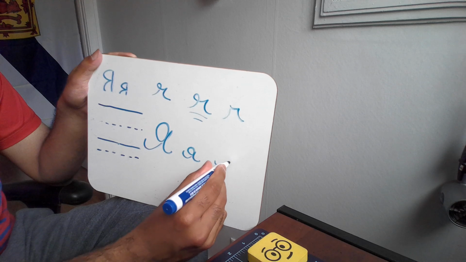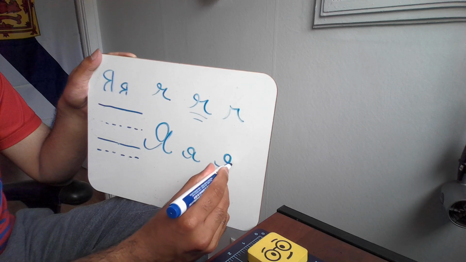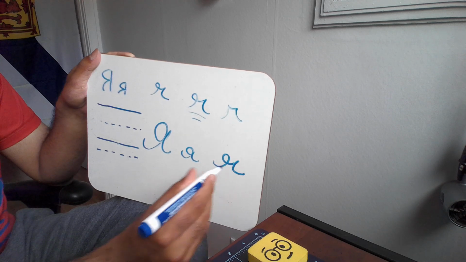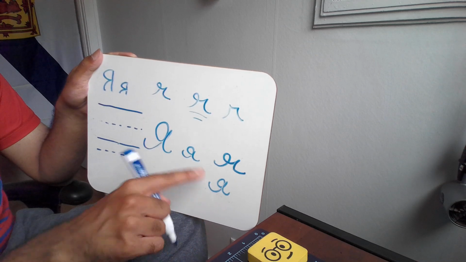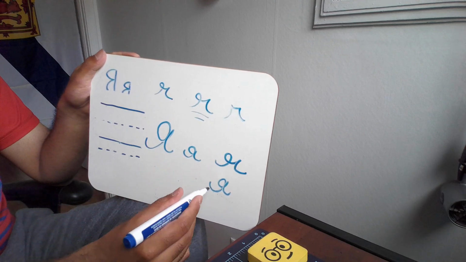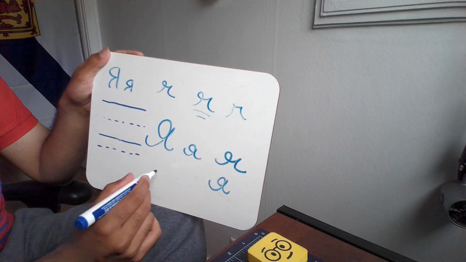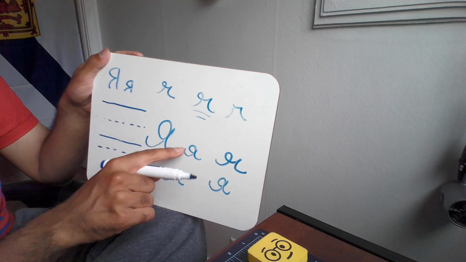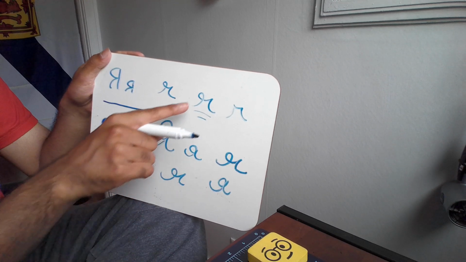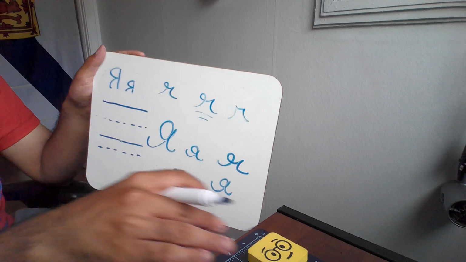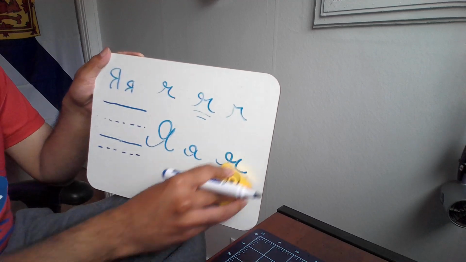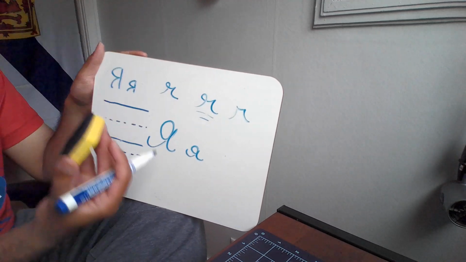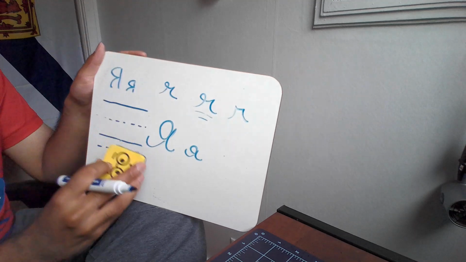Because if you try to write ya, but then you accidentally go too far before you bring the line back down, you're very, very close. If you move your hand towards the right too quickly while you're writing a ya, it's going to come out looking like the cursive R in English. So you don't need to know that, but this is what the ya looks like, and that's just my theory for where we got this in English.